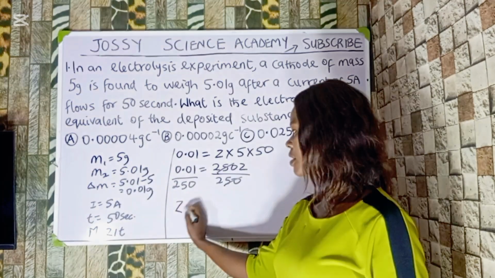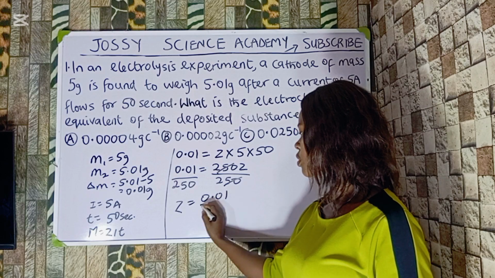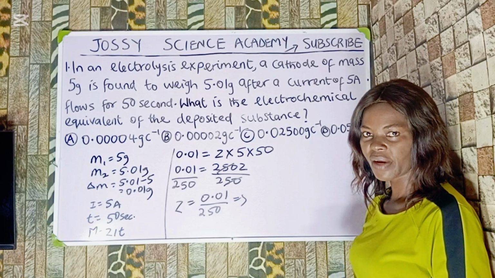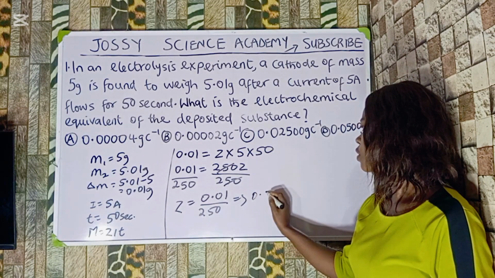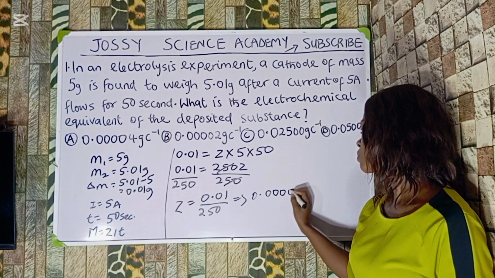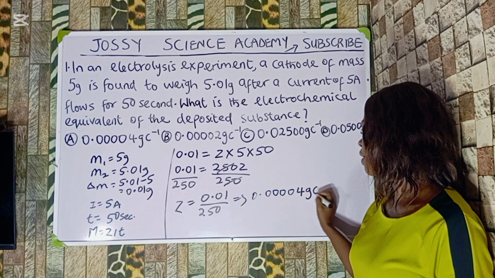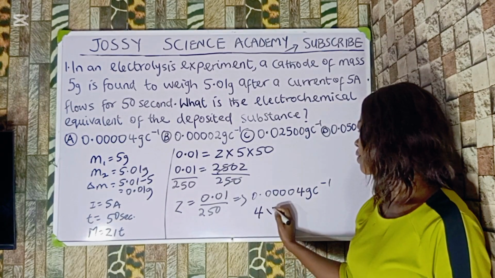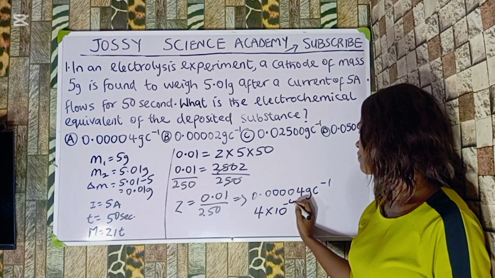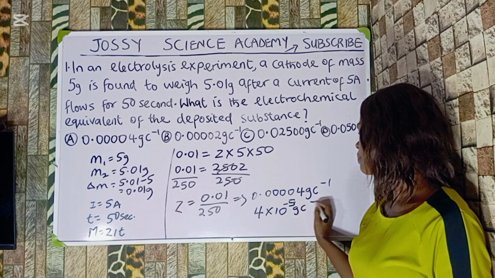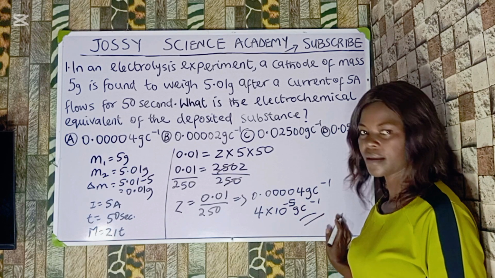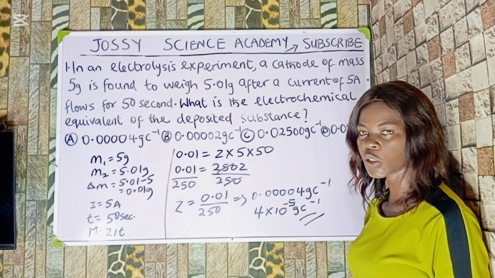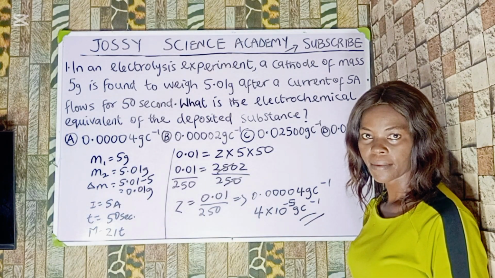Now Z is equal to 0.01 divided by 250, and when we divide, it gives us 0.00004 grams per coulomb, which is the same thing as 4 times 10 raised to the power of minus 5 grams per coulomb. That is how we can solve this type of problem, and the correct option to this question is option A.